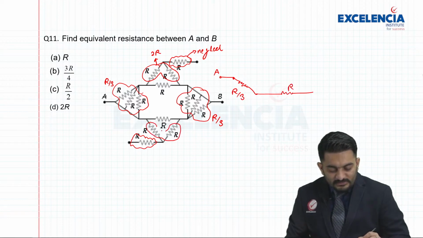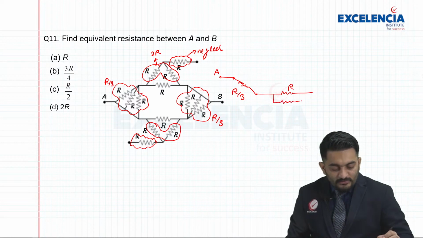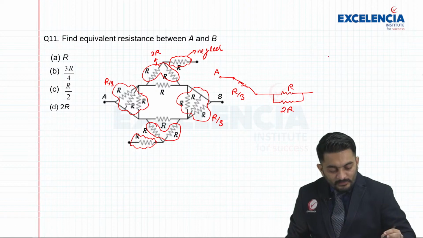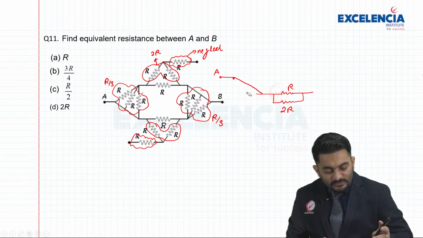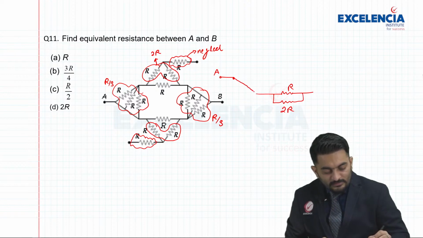This is 2R, and then this particular point is given to point B. Let me show you, this is actually connected in this way.